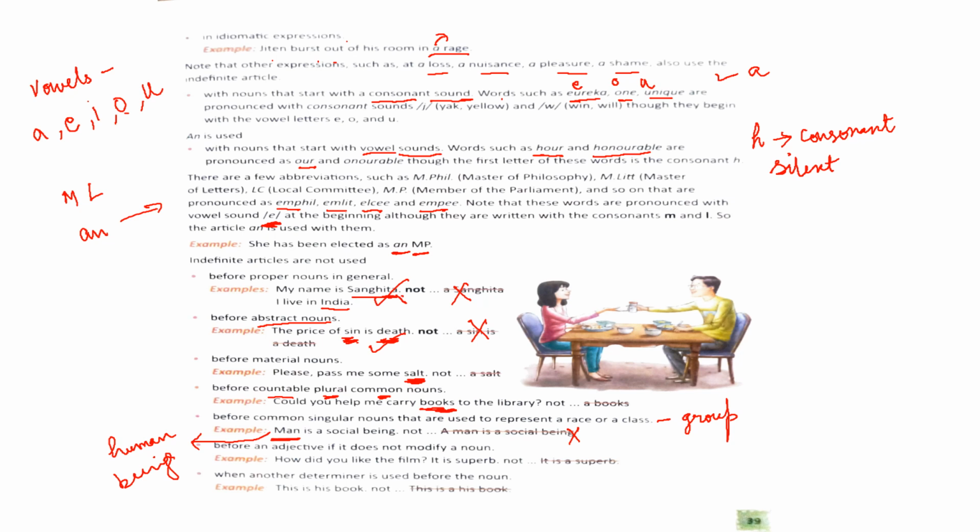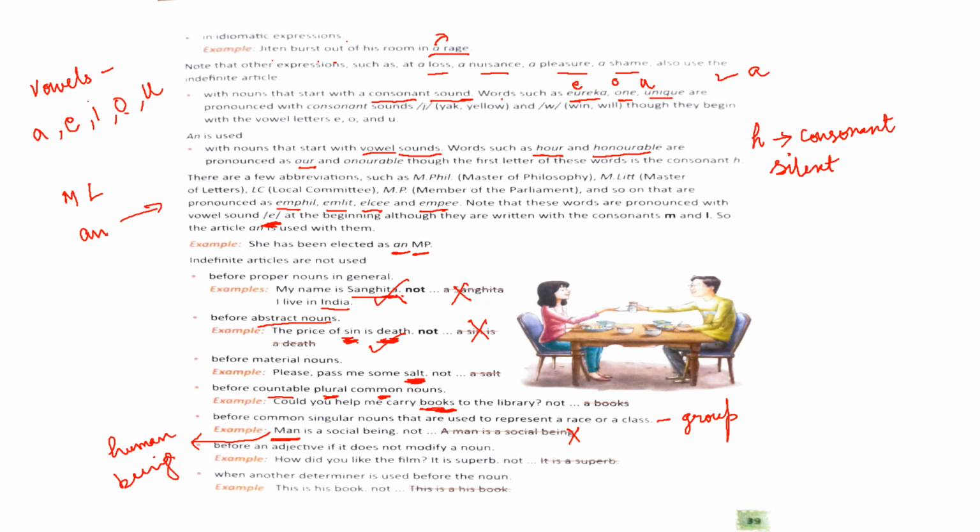Next is before an adjective if it does not modify a noun. We do not use a and an before adjectives if it does not modify a noun. Let's see an example for this one. How did you like the film? It is superb.